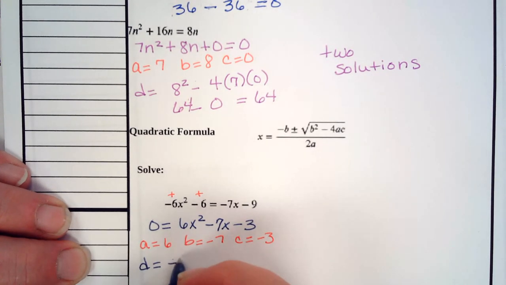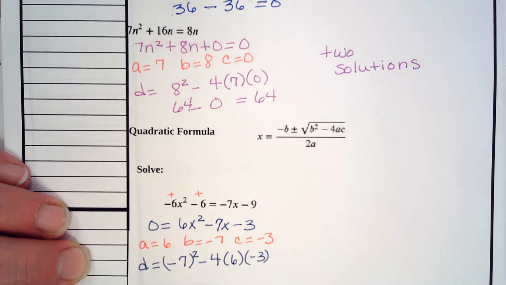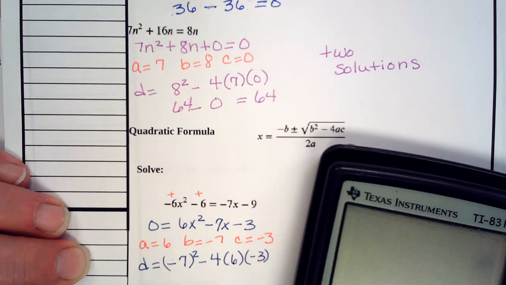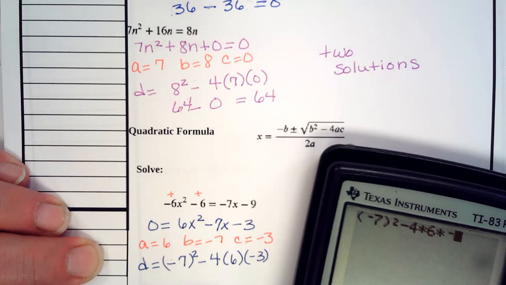So that would be negative 7 squared minus 4 times 6 times negative 3. And this is easier just to put in your calculator. Parentheses, negative 7, parentheses squared minus 4 times 6 times negative 3.